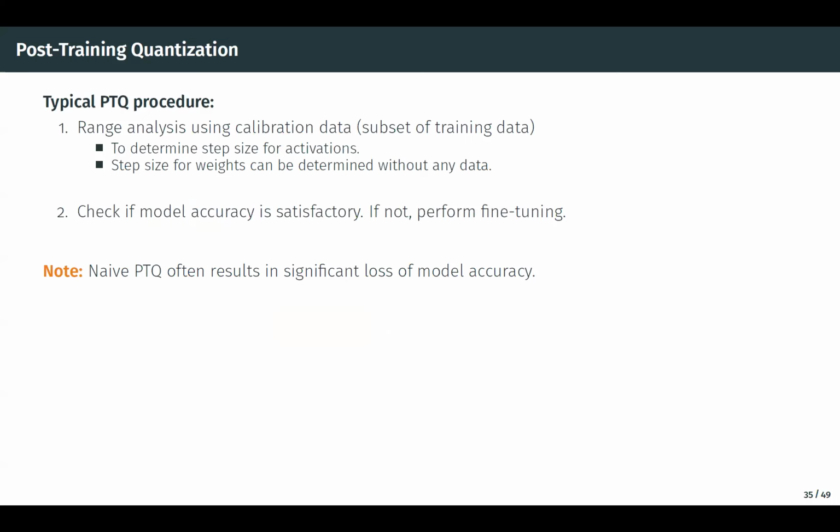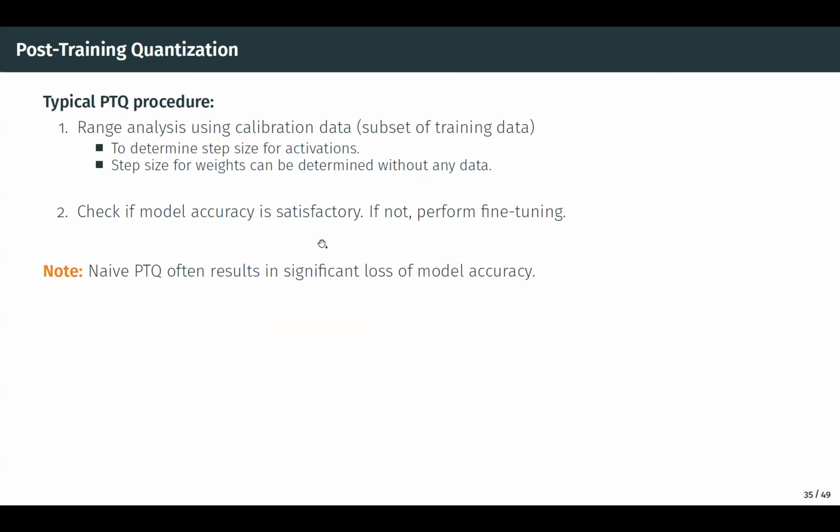So this is the typical post-training quantization: using this calibration data, a small set of images, for example, in an image classification example, you determine the step size for the activations. And of course, the step size of the weights can be determined without any data because it is static.